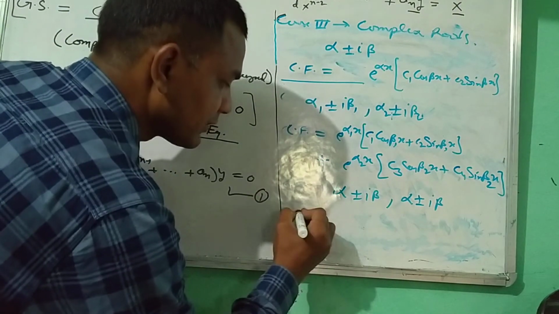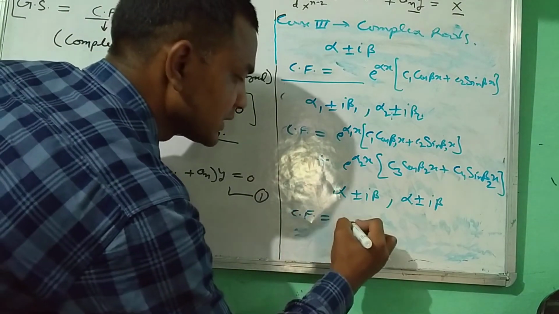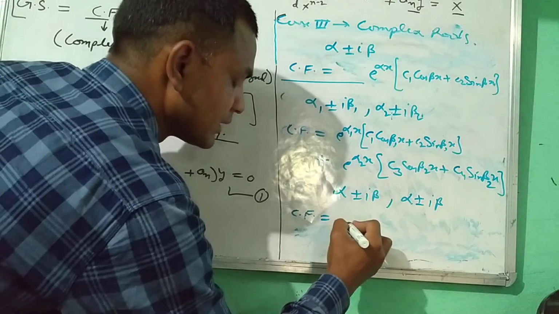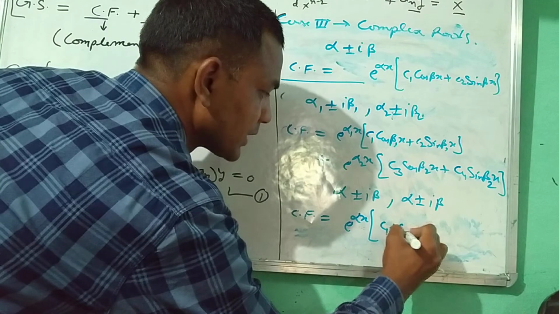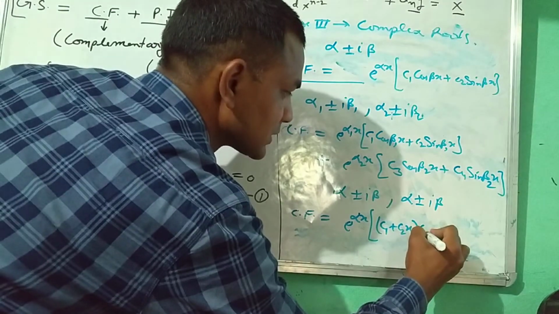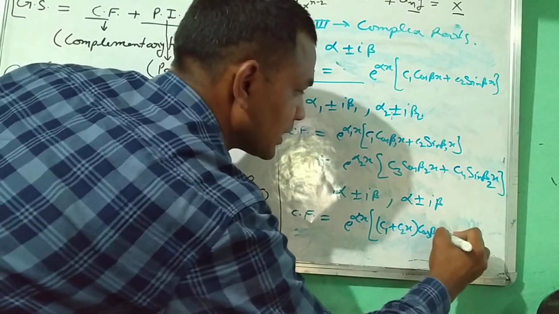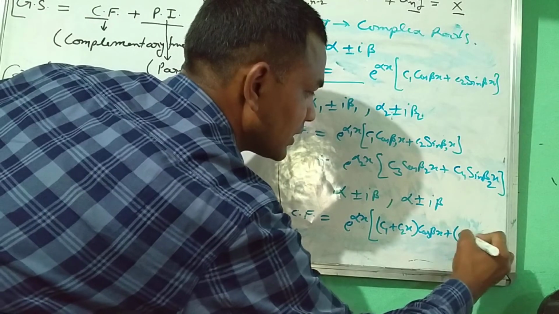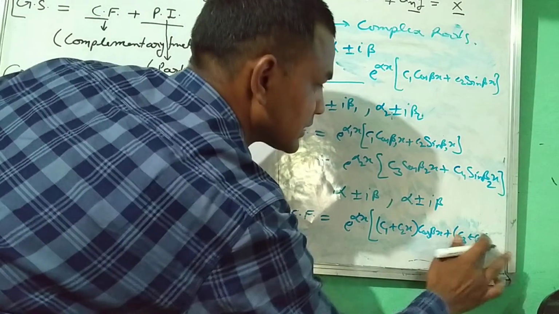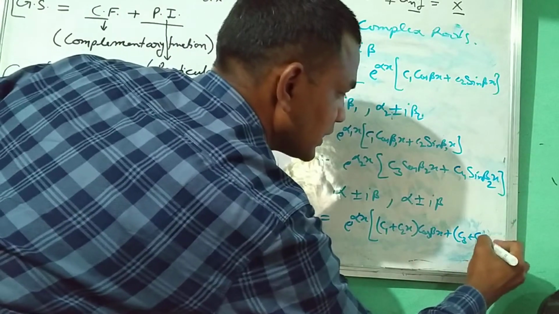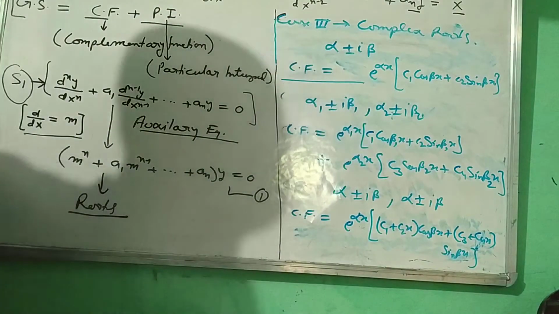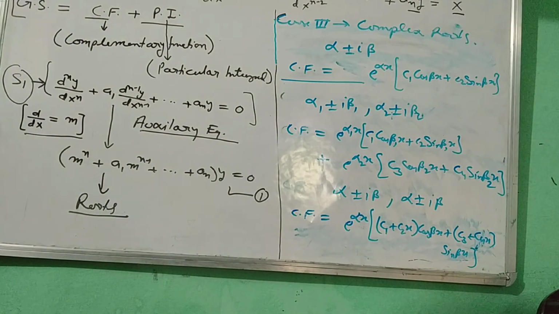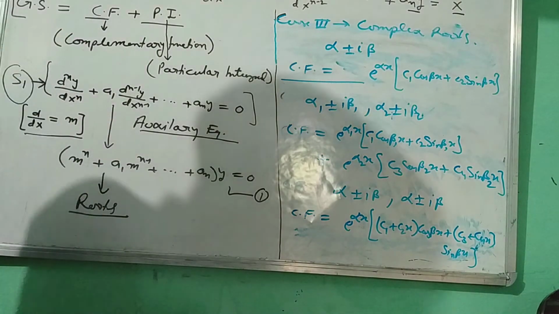Then the complementary function is e to the power alpha x ((c1 plus c2x) cos beta x plus (c3 plus c4x) sin beta x). So this is the complementary function for complex roots.